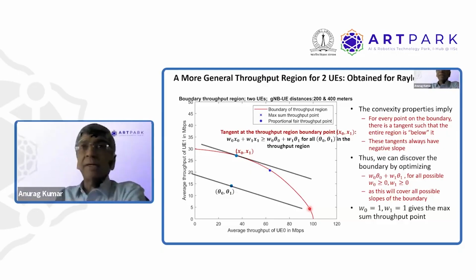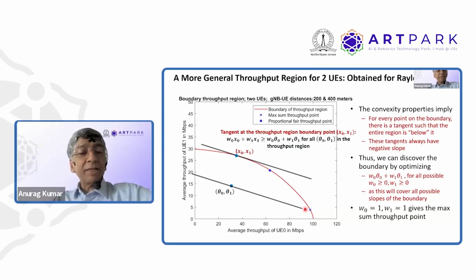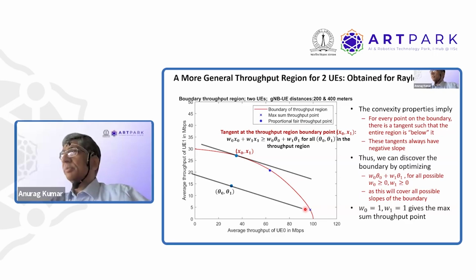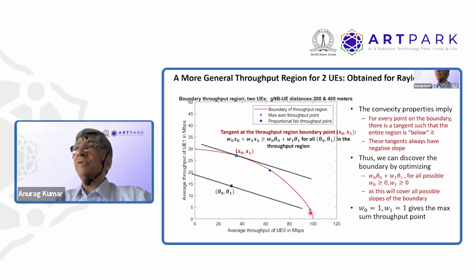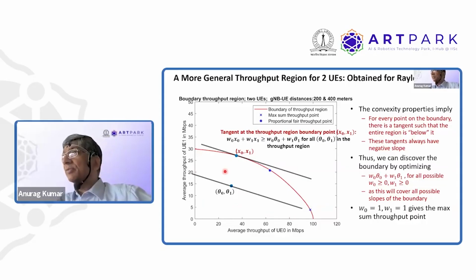But look what the problem with that is. Because UE1 is further away from the base station, and UE0 is close to the base station, you get a very unfair throughput. UE0 gets almost the maximum throughput, whereas UE1 gets only about 5 Mbps, which is a small fraction of its own maximum throughput.